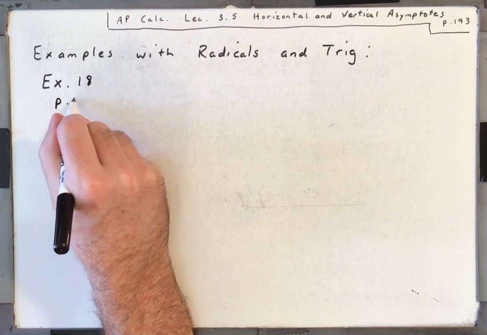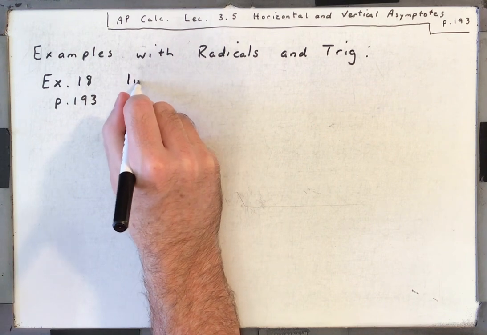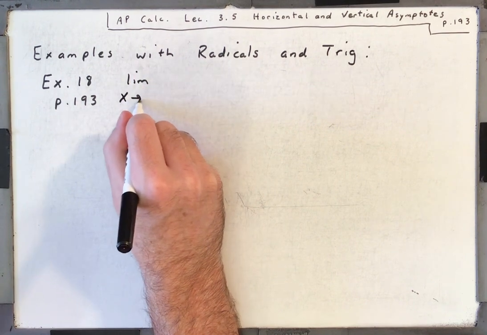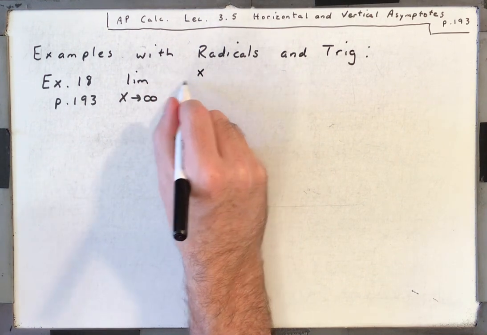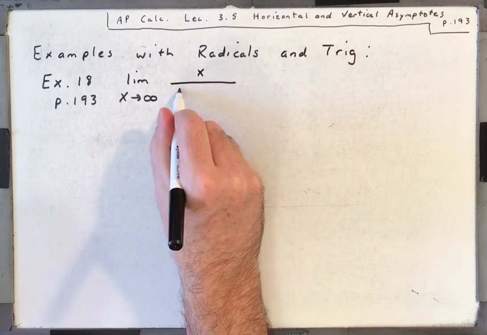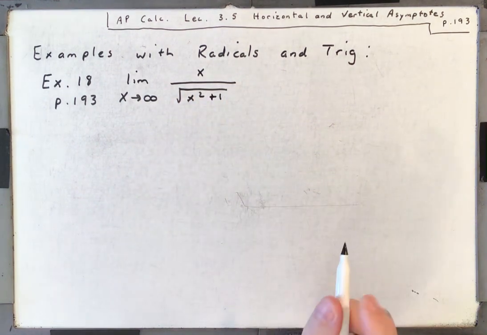Example 18 on page 193, we are taking the limit as x approaches infinity of x over the square root of x squared plus 1.